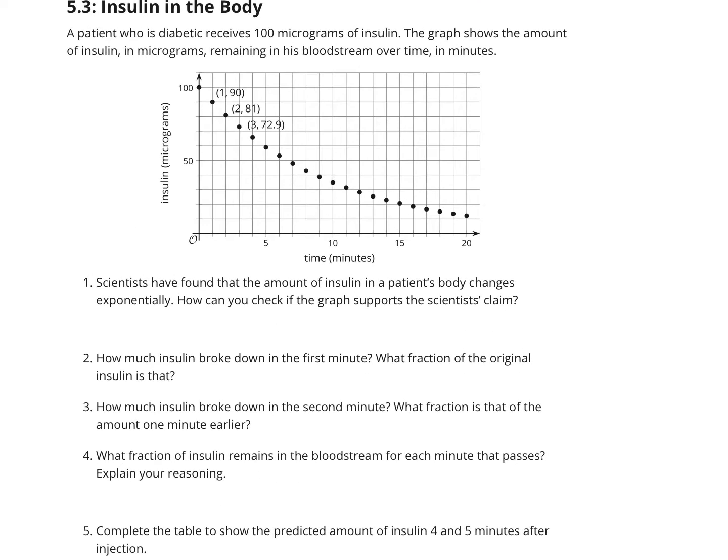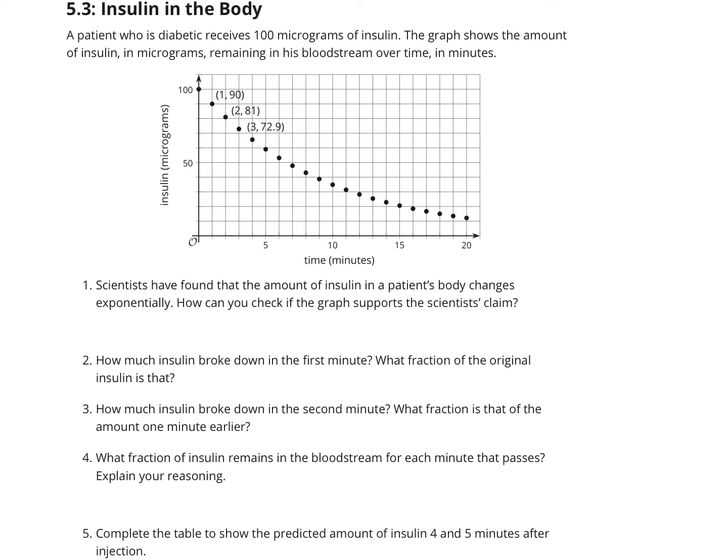All right, question 1. Scientists have found that the amount of insulin in a patient's body changes exponentially. How can you check the graph to support that science claim? So as I mentioned previously, we know that this is decaying exponentially. So that means after each minute, the same fraction of insulin will decay and remain.